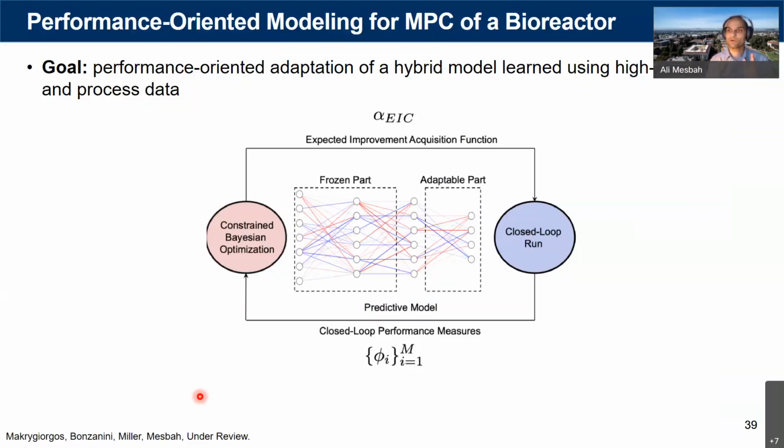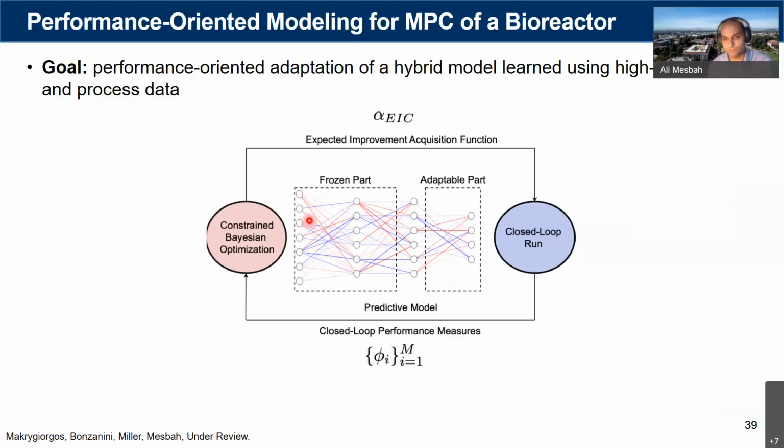And the question that we posed was how we can adapt and learn this hybrid model in a performance-oriented way over bioreactor runs. To this end, we used the high fidelity model to first train some residual neural network, right?